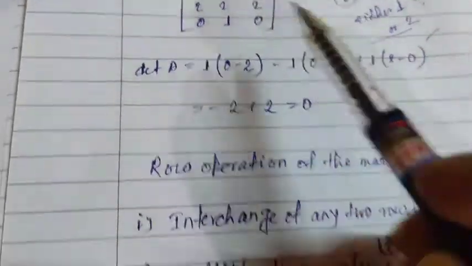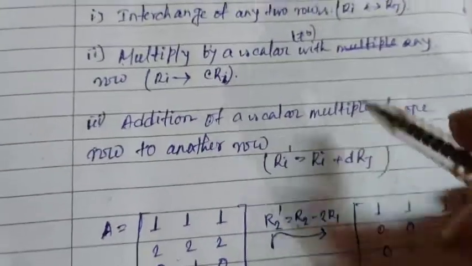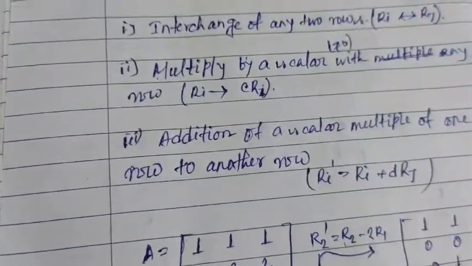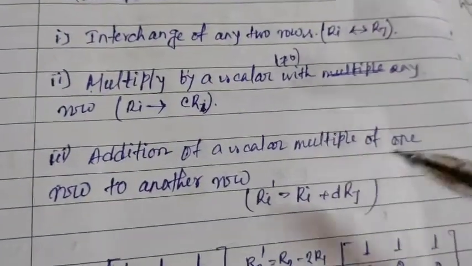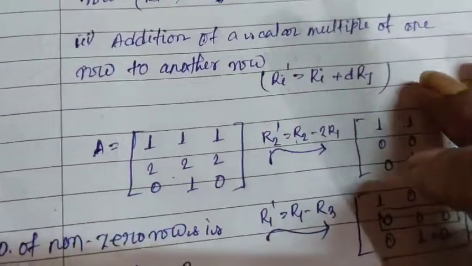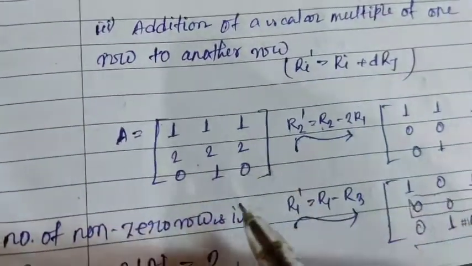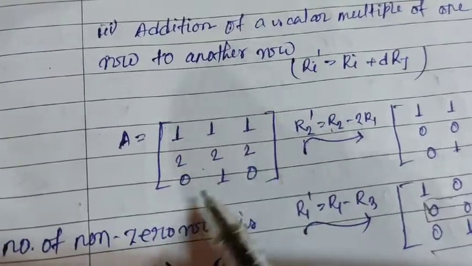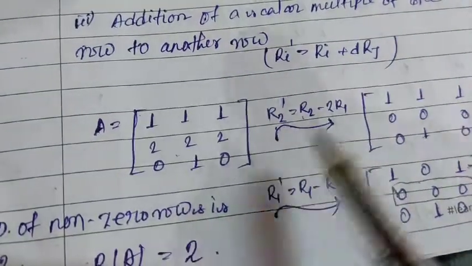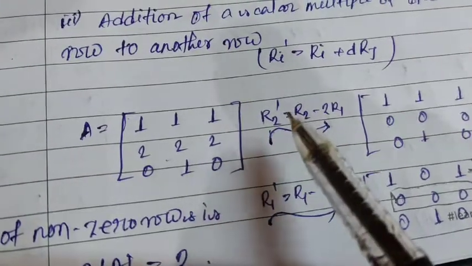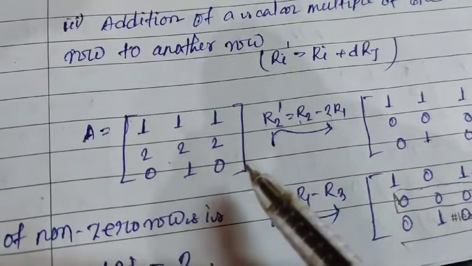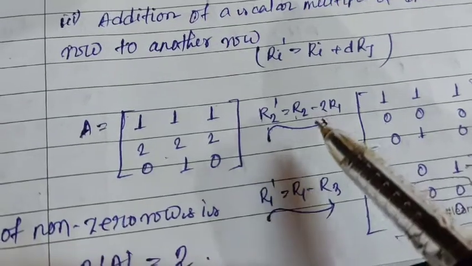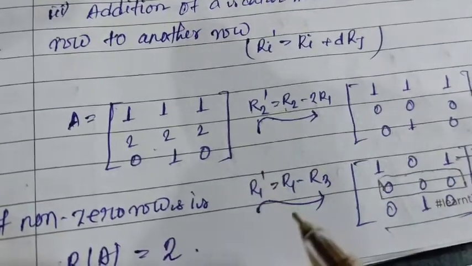Now I will try to use these three row operations on the following example. We consider the matrix A is equal to [1 1 1; 2 2 2; 0 1 0]. Here I will give the row operation R2 dash is equal to R2 minus 2 R1.